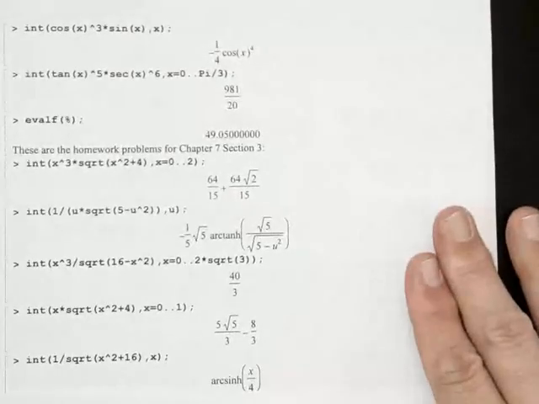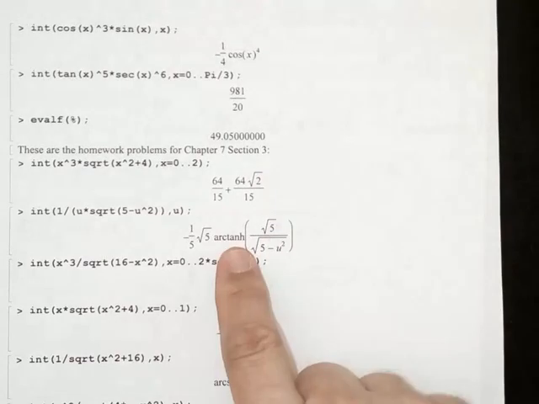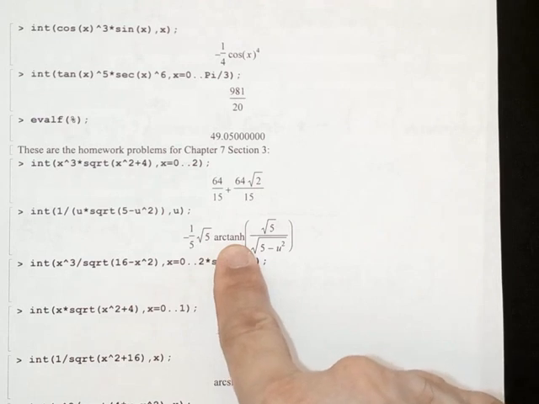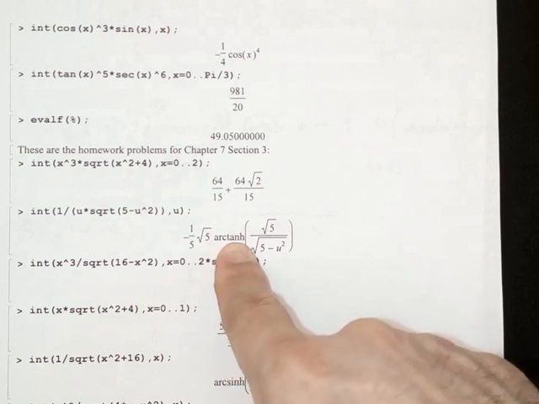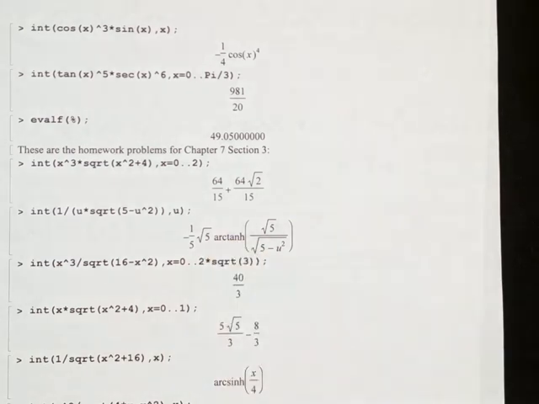Here's 7.3. Definite integral. What the hell is that? Arc usually means inverse, right? Arc cosine, arc. What's the H mean? I got phlegm in my throat.